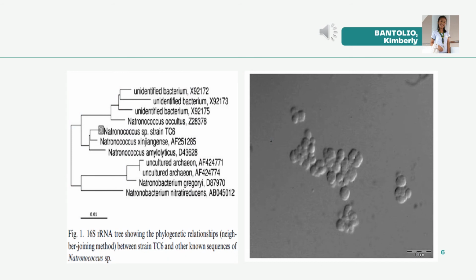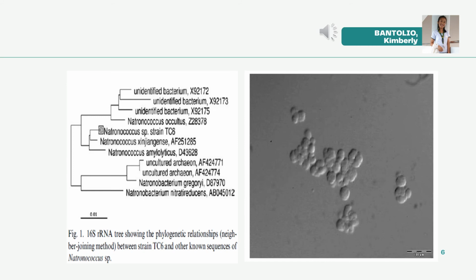The second one is the result of the strain identification. In figure 1, the 16S rRNA tree shows the phylogenetic relationship, by the neighbor joining method, between strain TC6 and other known sequences of Notococcus sp.